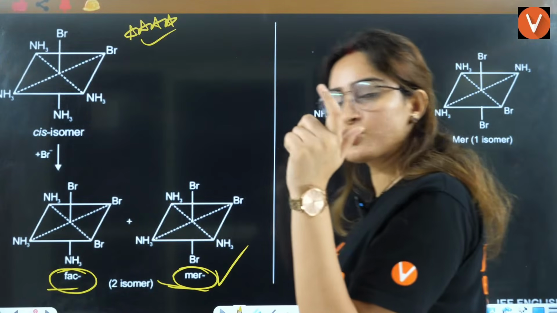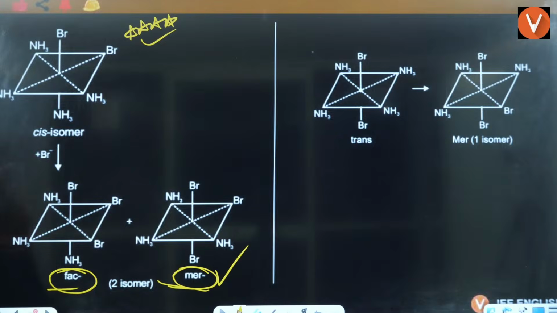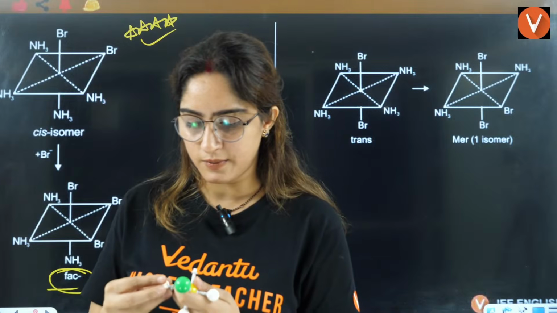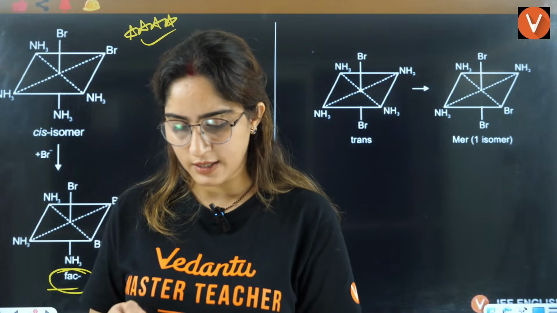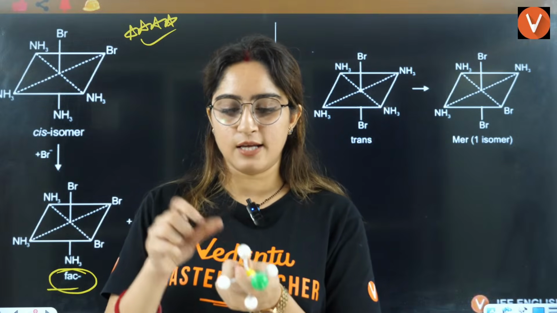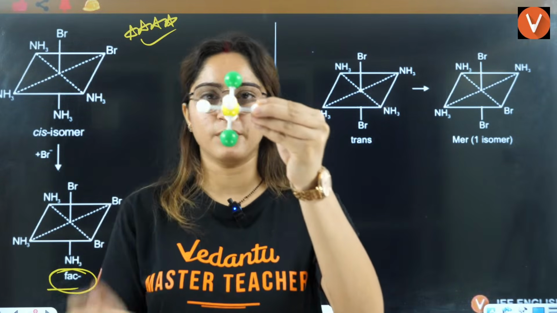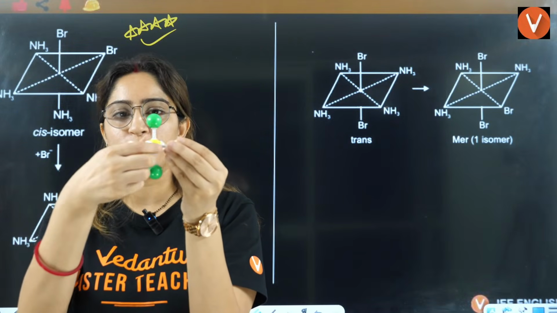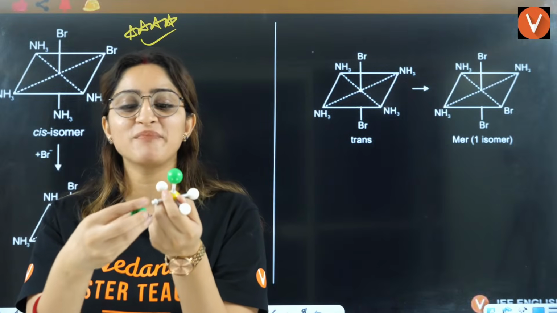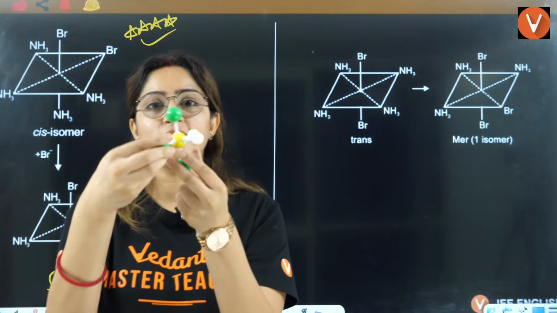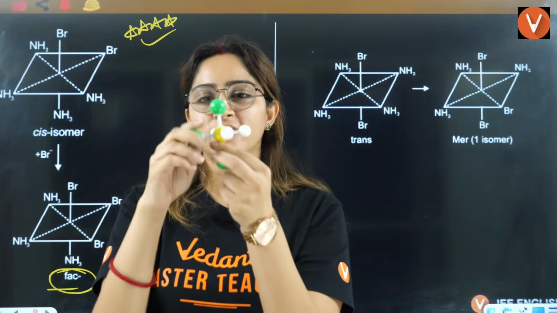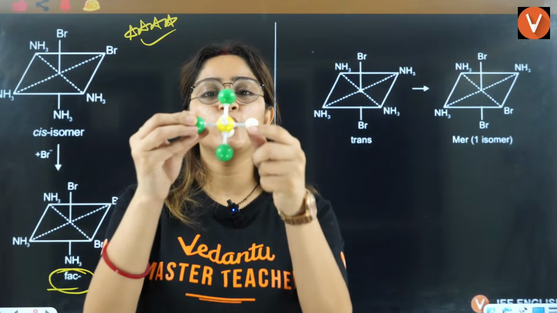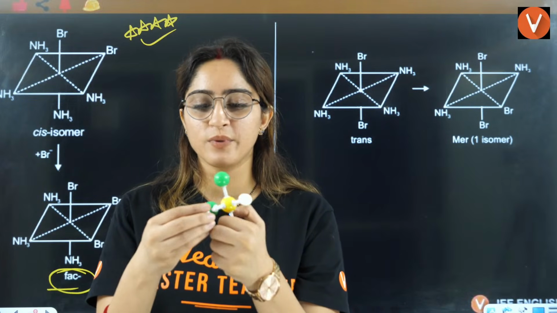Now for trans, there is no such thing as facial or meridional that it is going to form. How? If you see this here, this is your trans isomer. Maybe you're replacing it here, you are making a meridional isomer. You replace it here, you are making a meridional isomer.